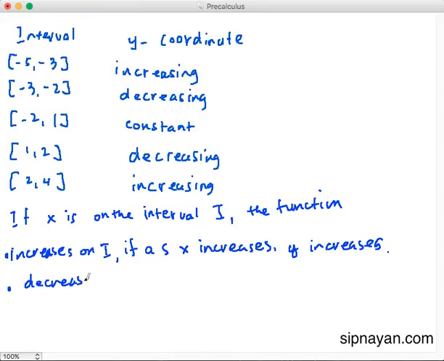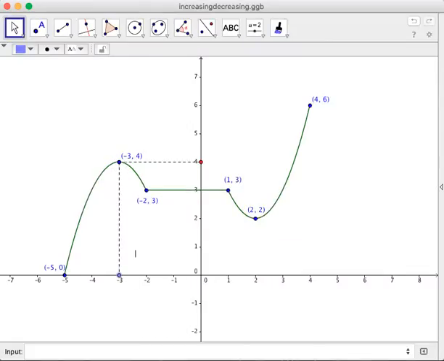And then, the function decreases on I if as x increases, y decreases. An example of this is here: it decreases because as we increase the value of x, moving to the right, look at the y, it goes down. So y decreases.